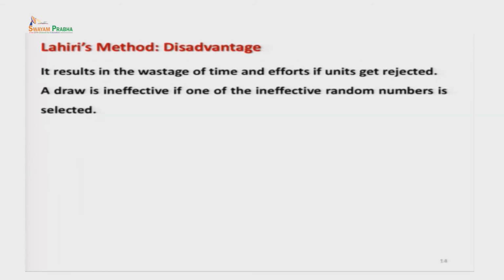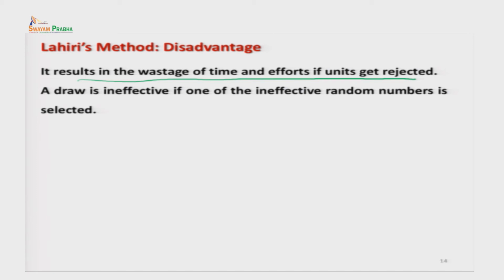Lahiri's method also results in wastage of time and effort if the unit gets rejected. Why? Because you draw a pair of random numbers and check, and if the unit does not get selected, you have to draw one more, and keep on doing this process until you select a small n number of units in your sample.